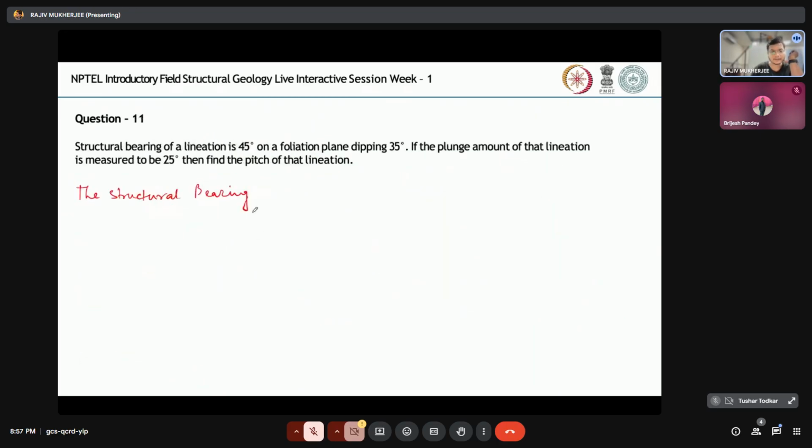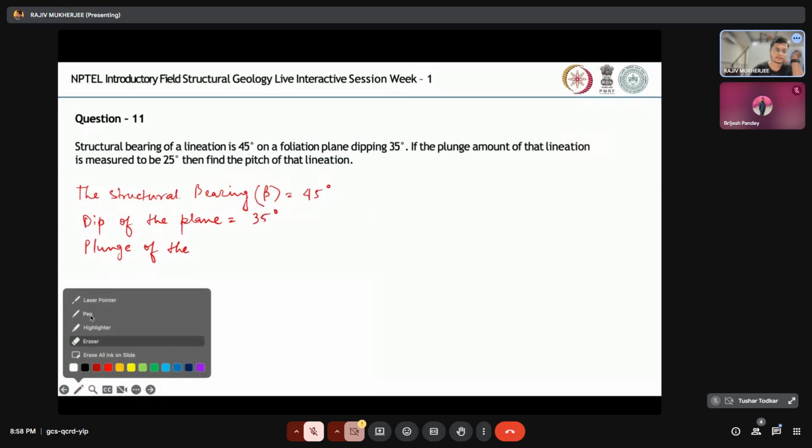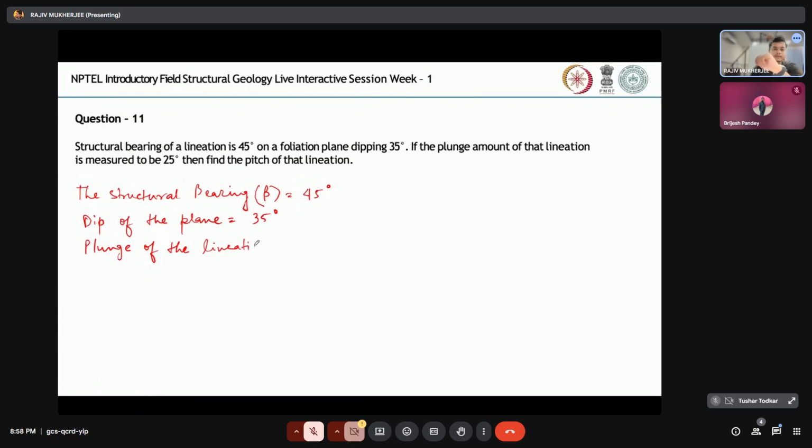So now in this problem, we are given the bearing is 45 degrees, dip of the plane is 35 degrees, plunge of the lineation, sorry, on the plane, it is 25 degrees, and to be measured is the pitch of the lineation.